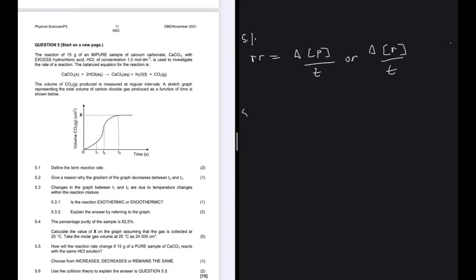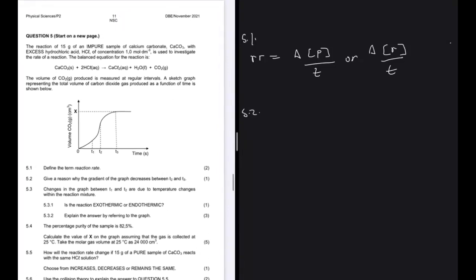And then 5.2 says, give a reason why the gradient of the graph decreases between T2 and T3. This is the part that I just highlighted in yellow on the left hand side. Because now we are at T2 and we're going to T3, the amount of the reactants is getting depleted, right?